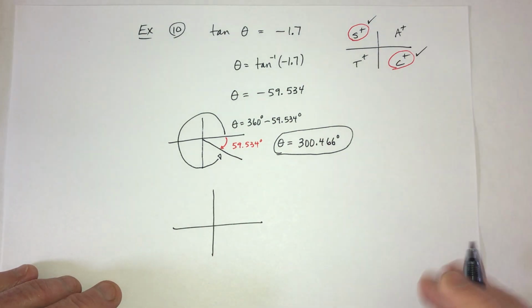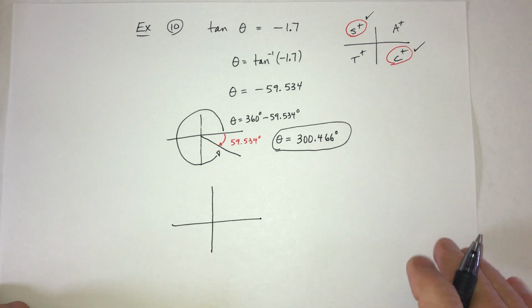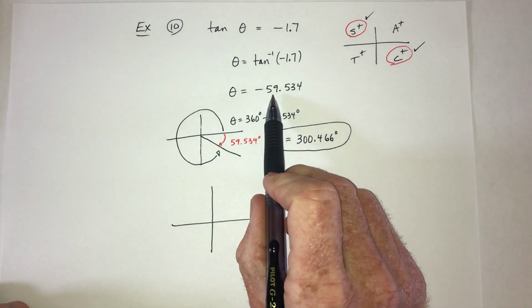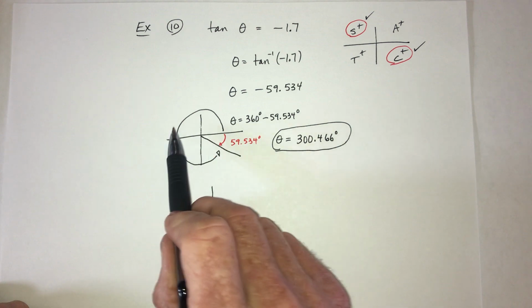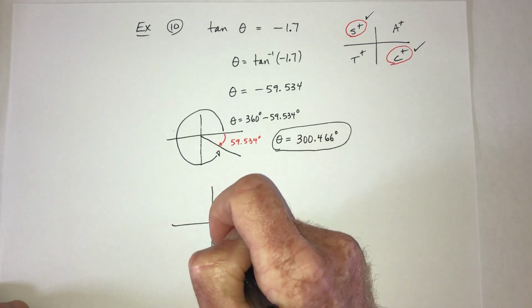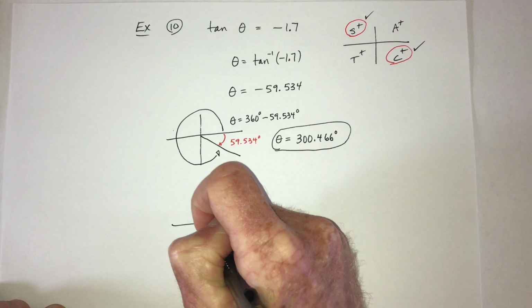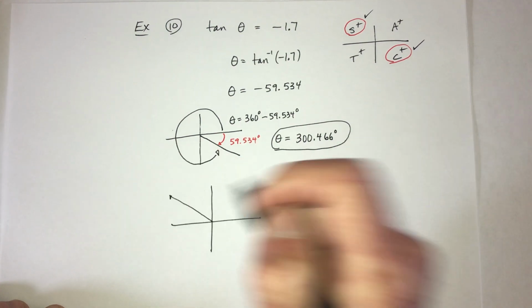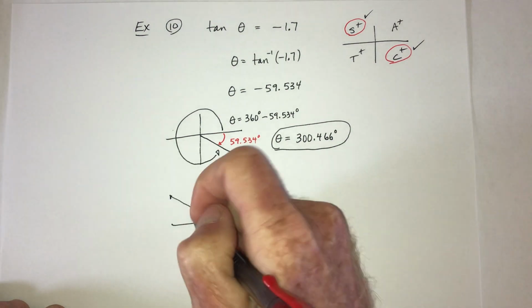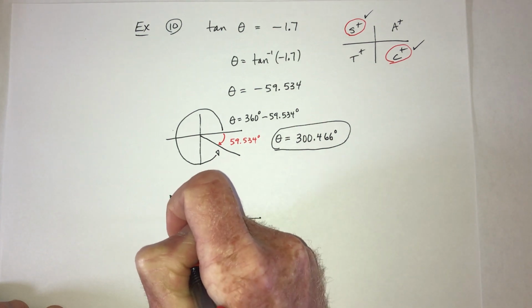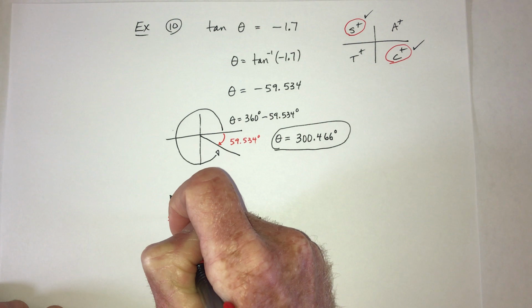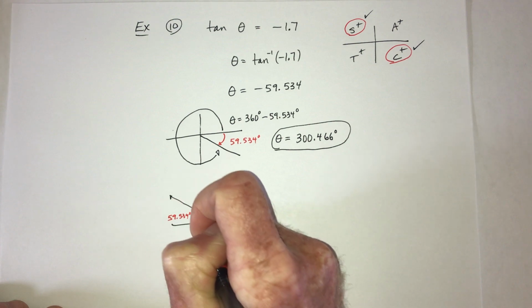Now what about the second quadrant? So what I could do is take this 59 degrees, basically just take this red picture right here and flip it over into this quadrant. Or in other words, this is going to be the angle, and then this is the 59.534 degrees.